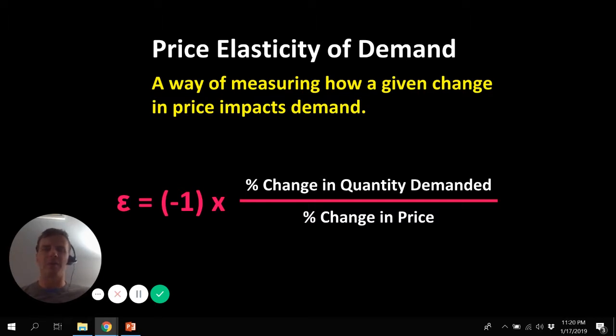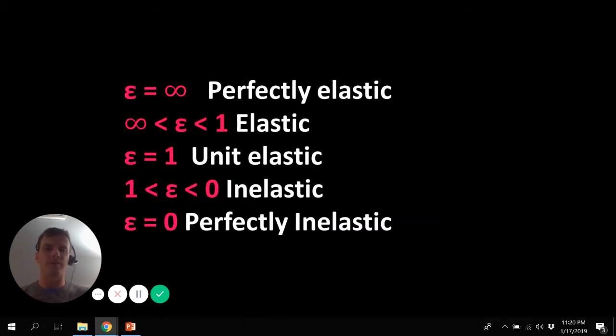I think it's an epsilon symbol. The price elasticity of demand is calculated as -1 times the percentage change in quantity demanded given a percentage change in price. We can evaluate this at different points along a demand curve. For different values of epsilon, we characterize things differently in terms of elasticity.